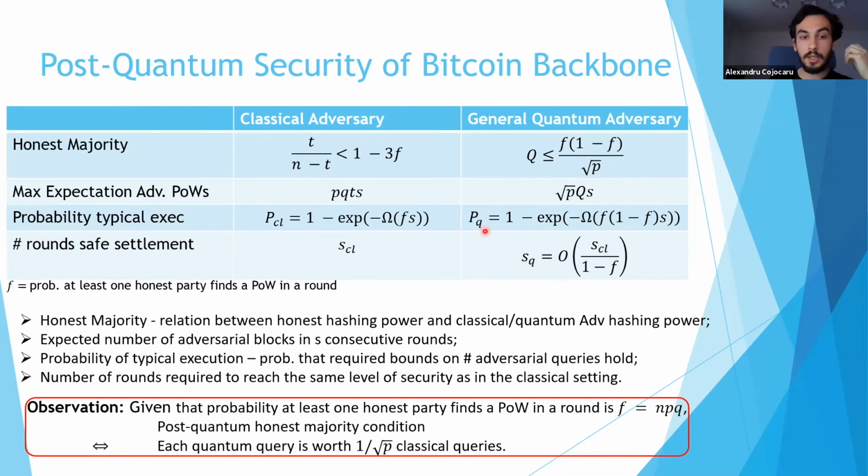Along with that, we can also determine the maximum expectation of the adversarial number of proof of works that he obtains during S rounds, and also the probability of a typical execution. And finally, from the probability of typical execution, we can determine the number of rounds required to reach the same level of security as in the classical setting. Here you observe that in the quantum case, it matches up to a constant the number of rounds in the classical setting.